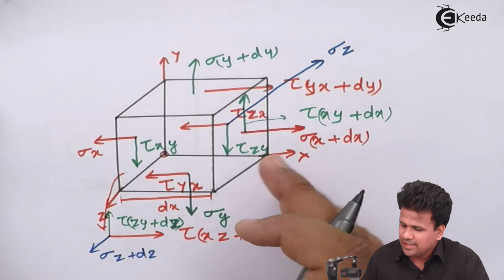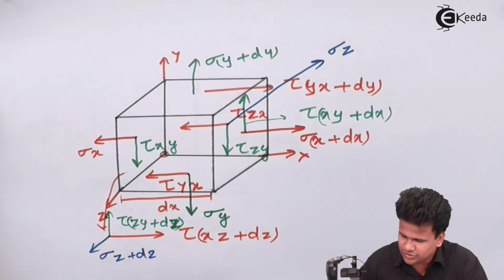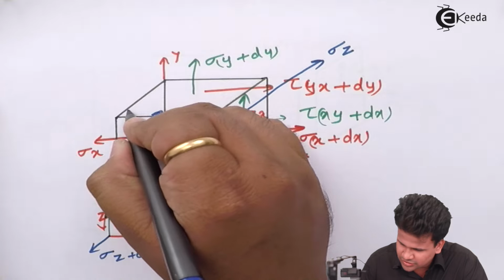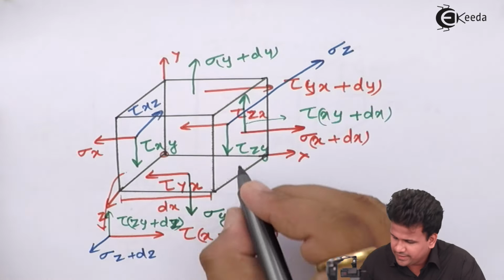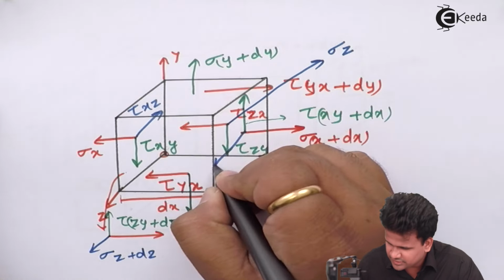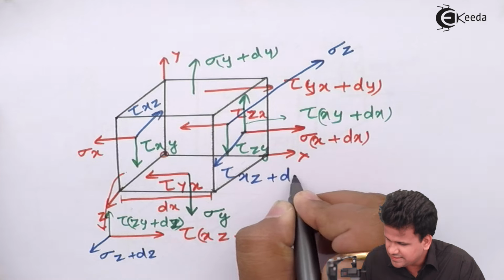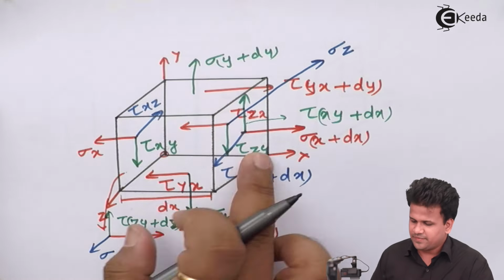Now let us see the next part for x plane z direction. So this is tau of x plane z direction at the origin, and over here this part is tau of x plane z direction plus dx. The distance between them is dx.